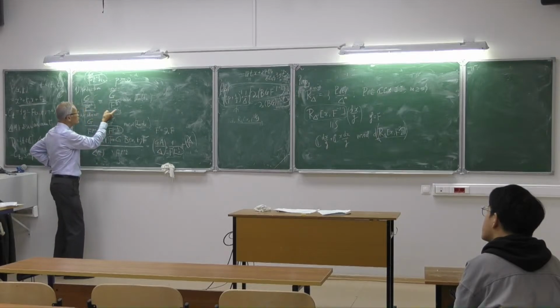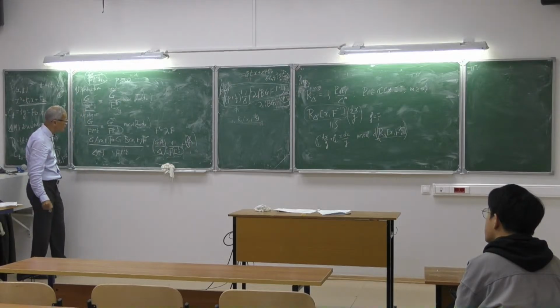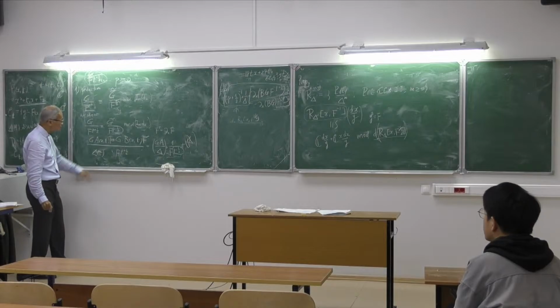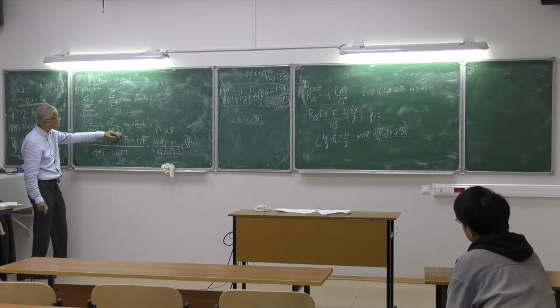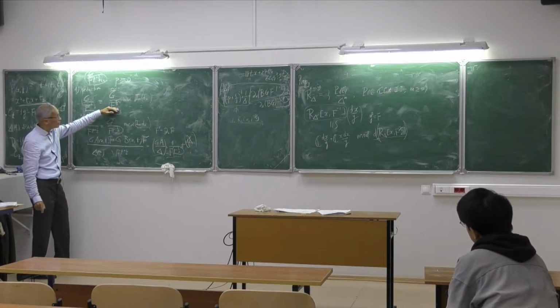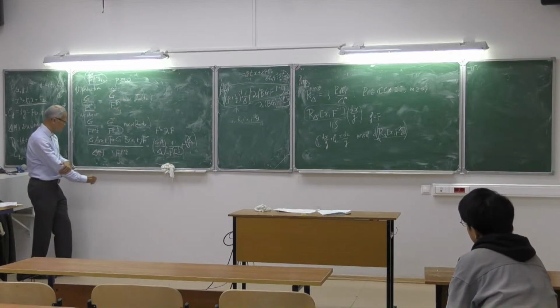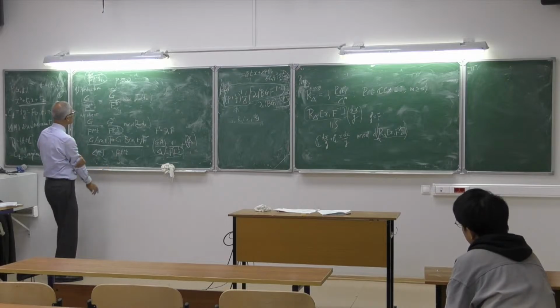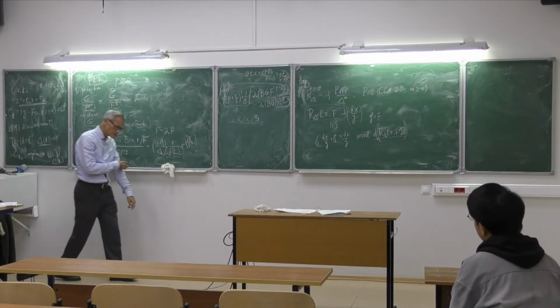That is, p has decreased by 1. So we can continue this procedure till the moment when it becomes f to the power 1 over 2. That's the first reduction of the power of the denominator.